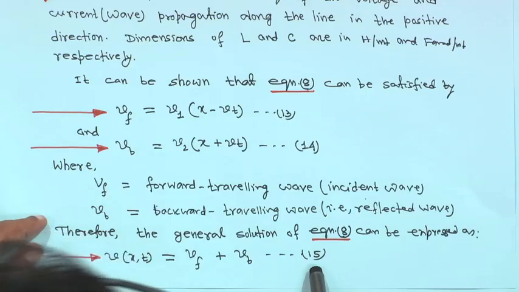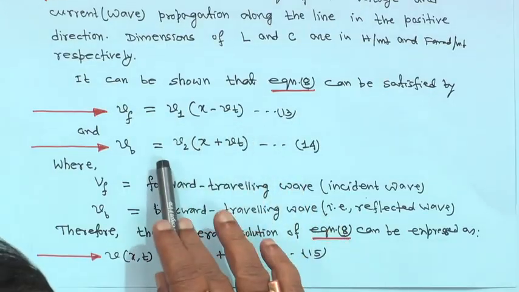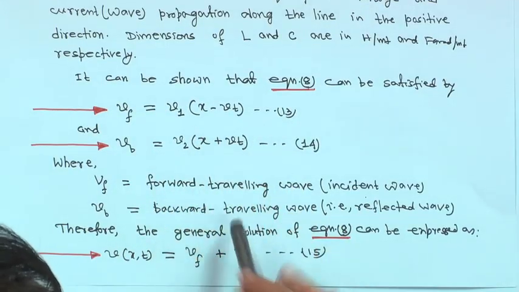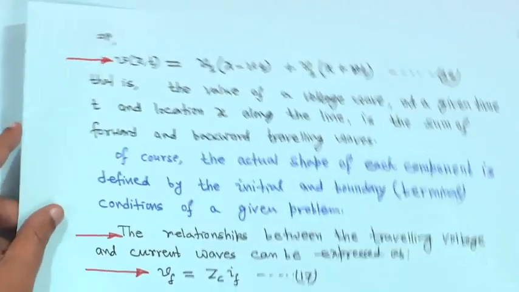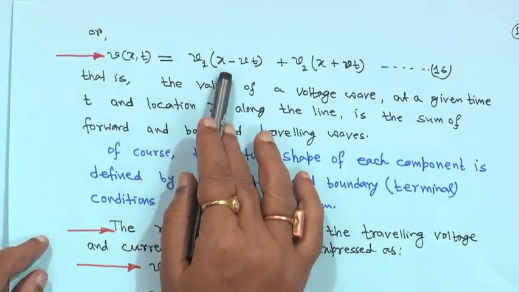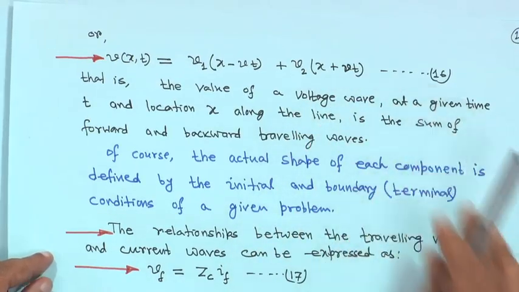This is equation 15. That means V f is equal to V 1 of x minus V t and V b is equal to V 2 of x plus V t. So, substituting here, V of x, t is equal to V 1 of x minus V t plus V 2 of x plus V t. This is equation 16.